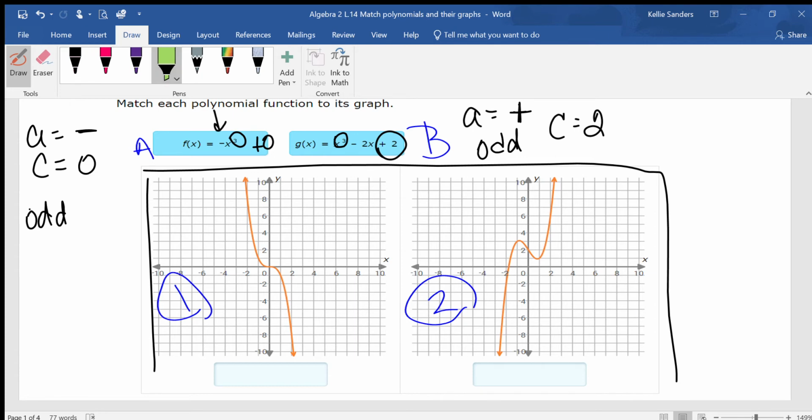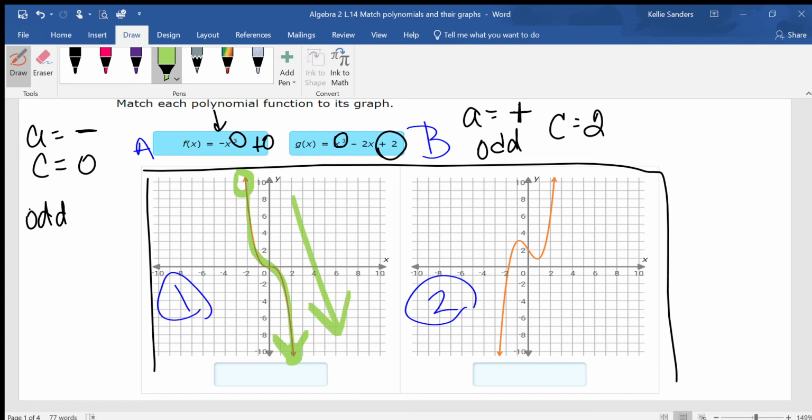This is called a cubic because our biggest exponent is 3, and whenever it's cubed, it's going to go in different directions. You might think, this arrow is going up and this arrow is going down. You don't do it that way. You look at the overall graph, and from left to right, is it going up or is it going down?